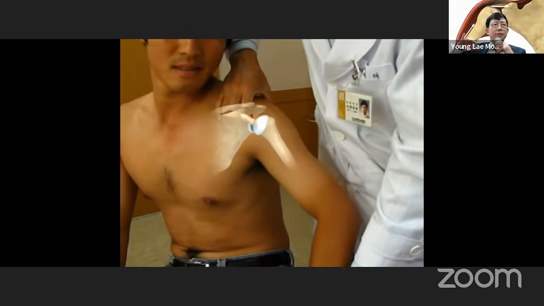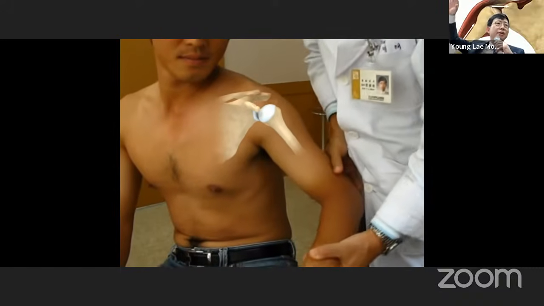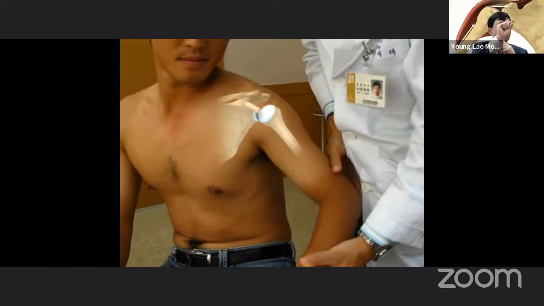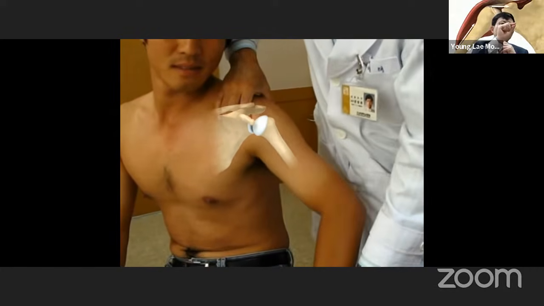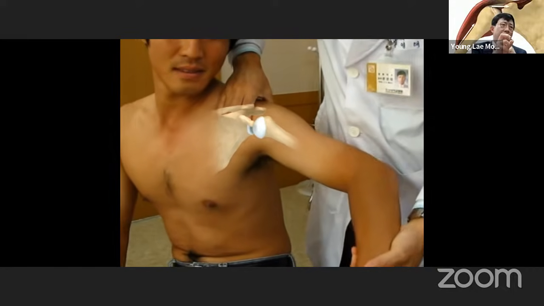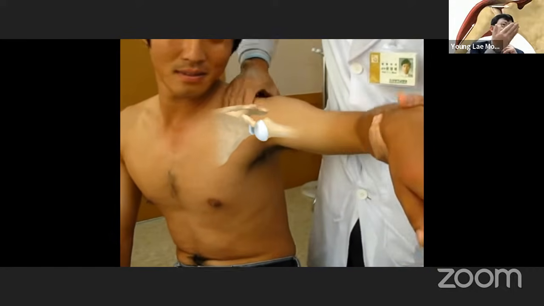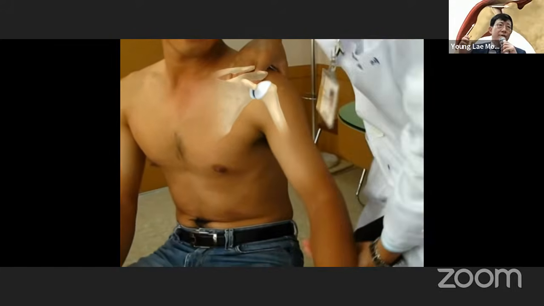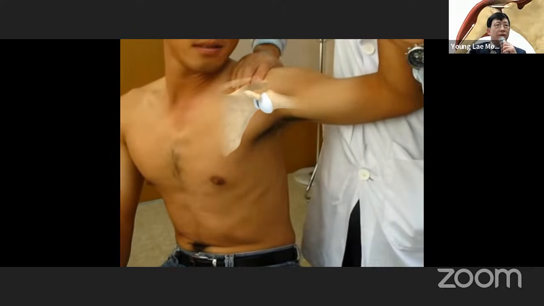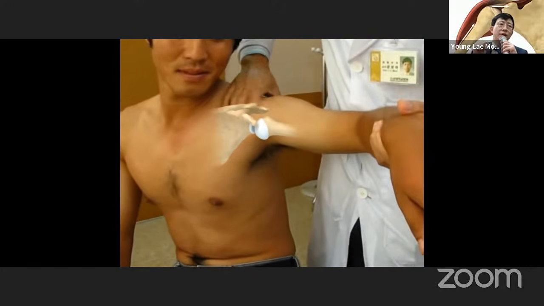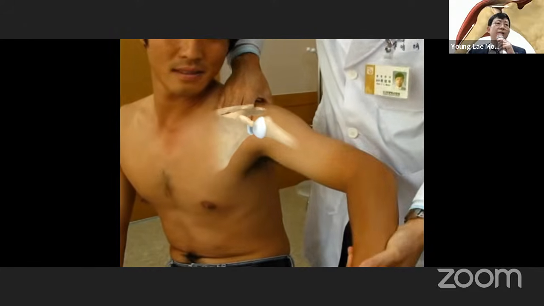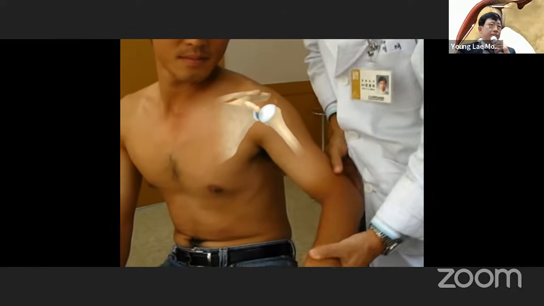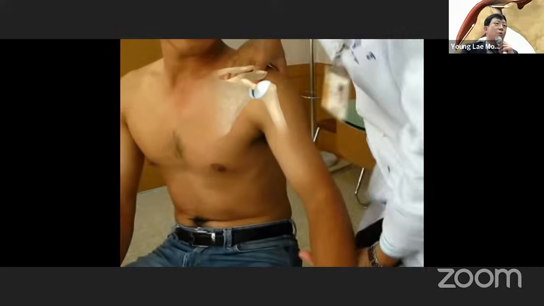Usually a patient feels discomfort at 90 degrees of abduction, but with a clearly unstable patient who has a significant bone defect in the anterior part of the glenoid, the patient will complain with a tiny amount of abduction. Even at 20 or 30 degrees of abduction, the patient feels discomfort, apprehension, instability or pain.